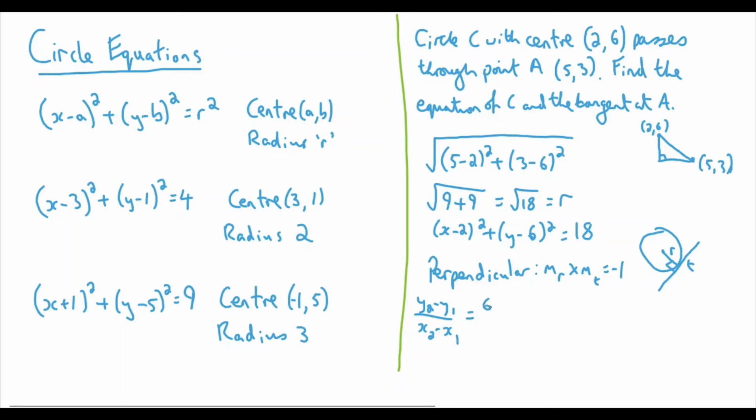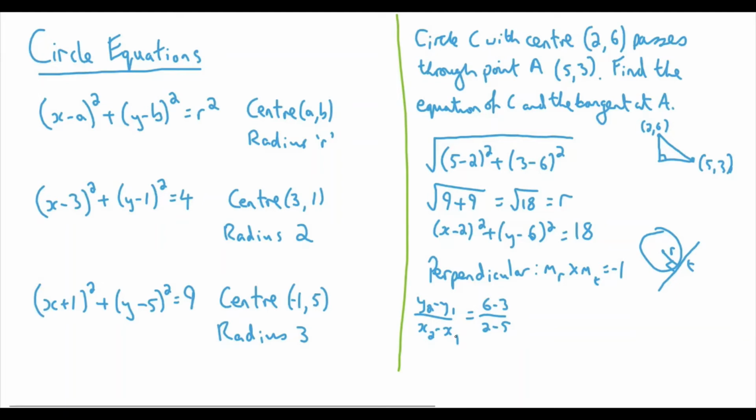So we can have our 6 minus 3 over 2 minus 5. It's important here that it doesn't matter which coordinate you take as your x2 and y2 and which is your x1 and y1. But say if you put your 6 first for the y's, the 2 has to come first for the x. You have to do it y2 minus y1, x2 minus x1, not x1 minus x2 to mix it up.